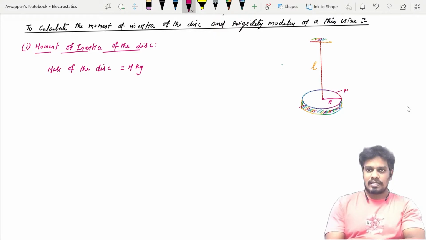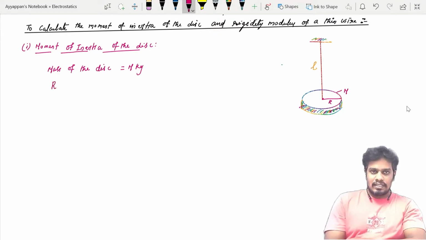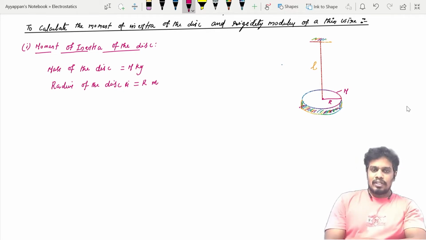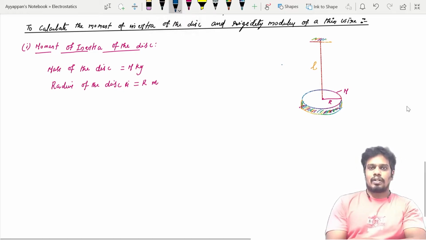The mass of the disk is capital M, and the radius of the disk is equal to r meter. We want to write it in terms of SI units. Once you know these two values, we know theoretically how to calculate the moment of inertia of the disk.